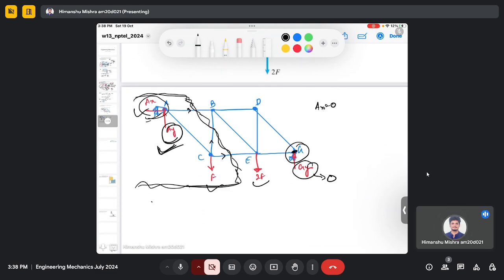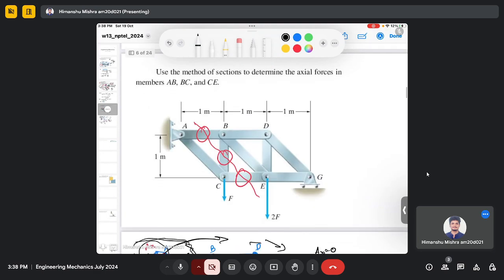So you can find the moment by using these three forces, Ay, F and 2F. The usual notation is clockwise negative and anti-clockwise positive. So this is clockwise rotation about point G, so it's minus Ay, and the perpendicular distance is this, which is 3 meter.